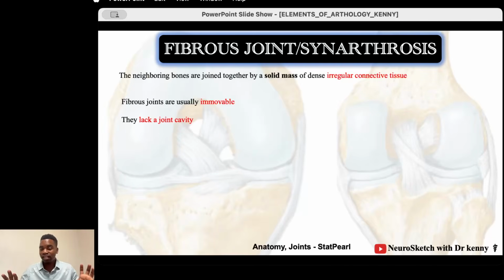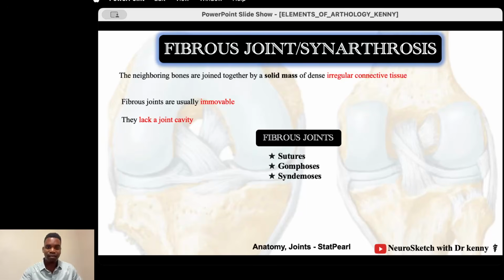Why? Because the joint cavity is a characteristic feature of synovial joints, as we have seen. The fibrous joint can be divided into sutures, gomphoses, and syndesmosis. Now we are starting with the sutures.